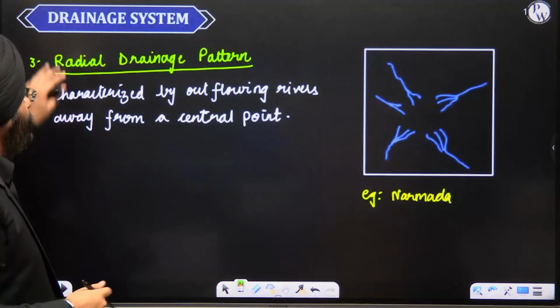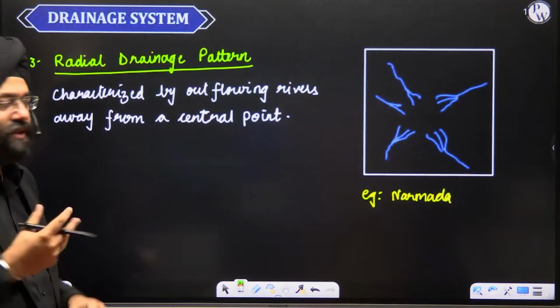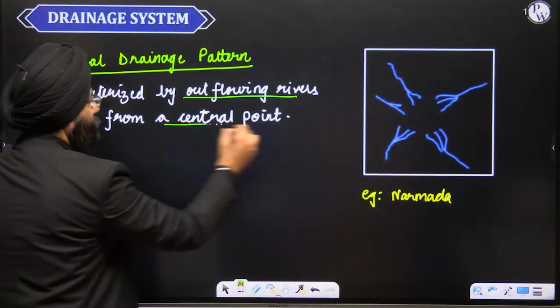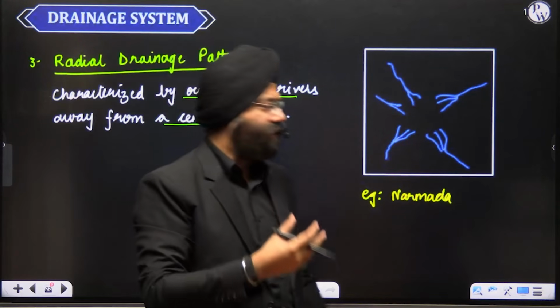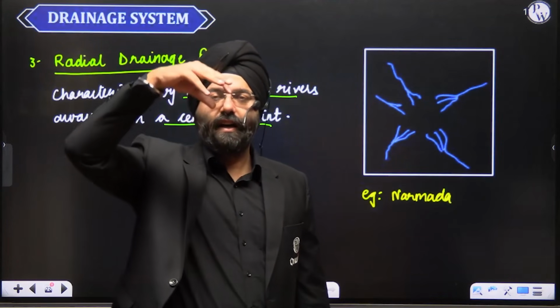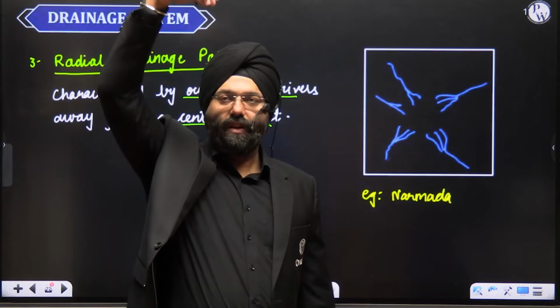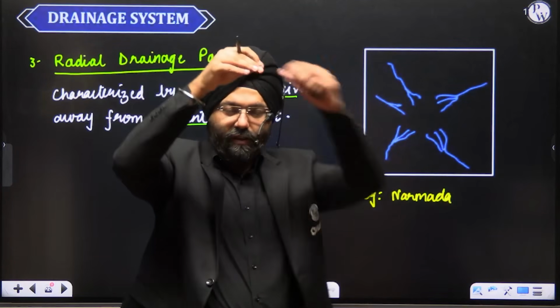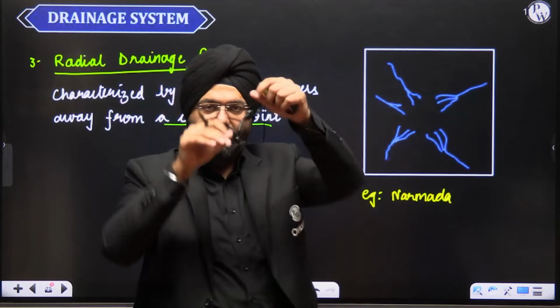Let's move ahead. Radial drainage pattern. Very interesting. Characterized by outflowing rivers from a central point. Let us assume, when we talk about Narmada, we talk about the Amarkantak Plateau. Supposing there is a higher altitude region where rainfall is falling, and from that particular point various rivers are moving out from a central height.